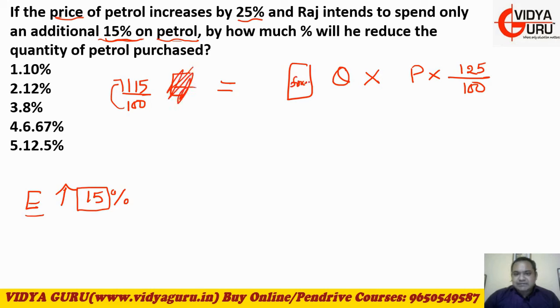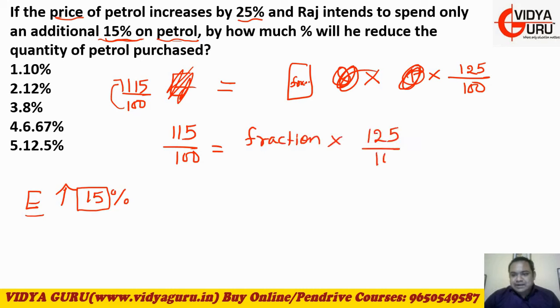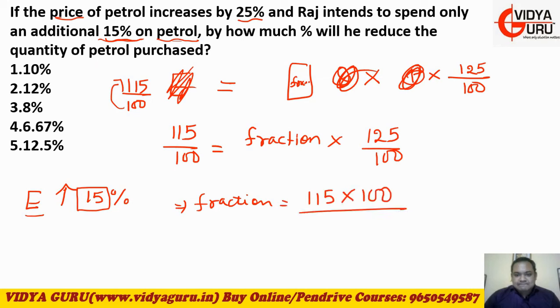So cancel every other term. So 115 by 100 is equal to this fraction into 125 by 100. So this fraction is equal to 115 into 100 by 100 into 125. So these both can be cancelled out. 4 by 5. So 5 and 115 will cancel each other out.